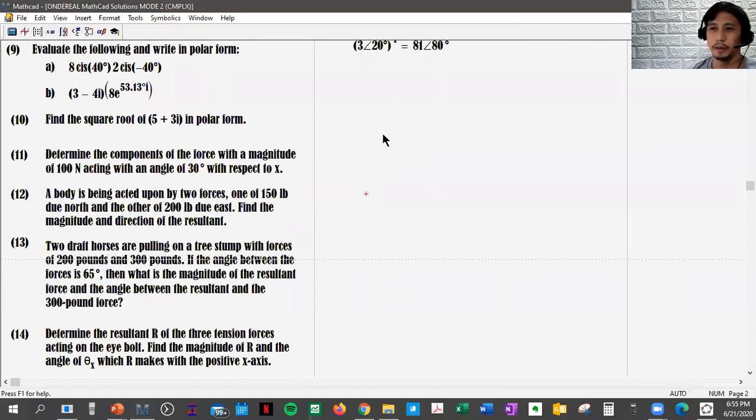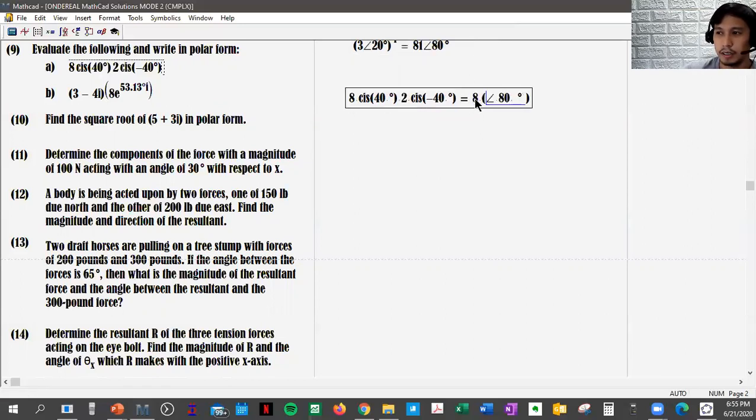So, evaluating that, it's like we are solving 8 angle 40 degrees, okay, times, multiply natin to with 2 angle negative 40 degrees.